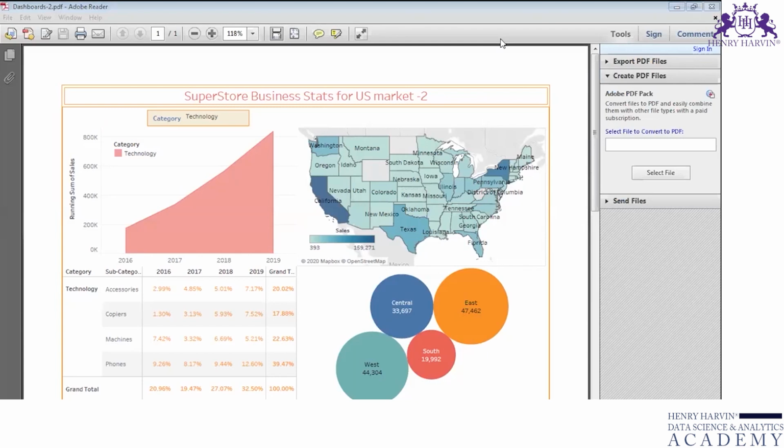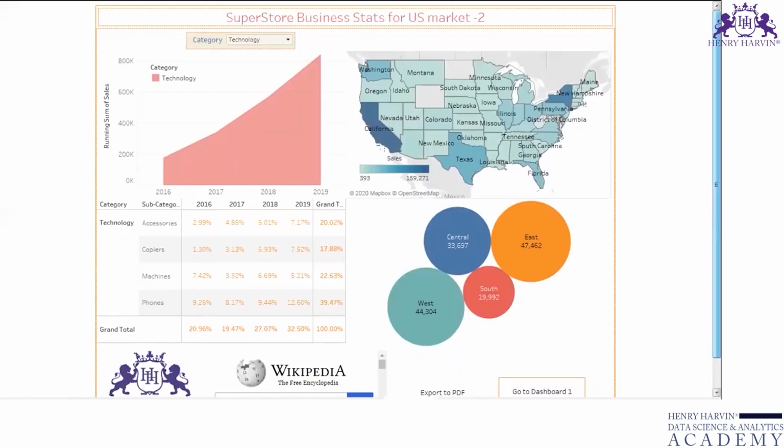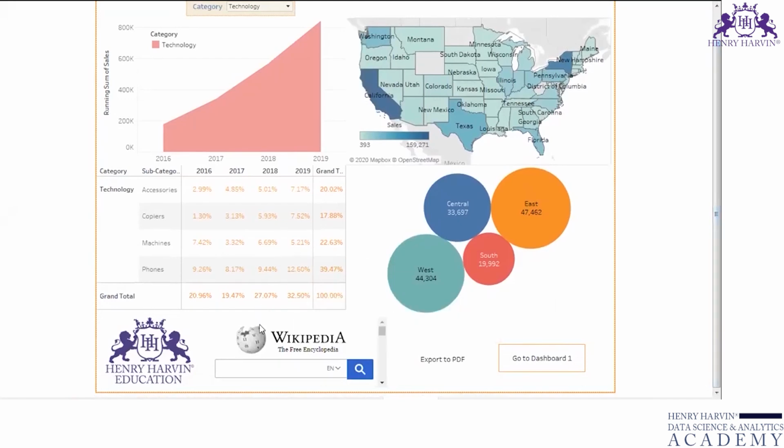Now let's move to our next object available in the Tableau dashboards. You must have noticed that in the snapshot, I did not get this page. I did not get the Wikipedia snapshot. The reason is this page is a browser image. So when you take a snapshot, it doesn't become a part of the Tableau workbook.